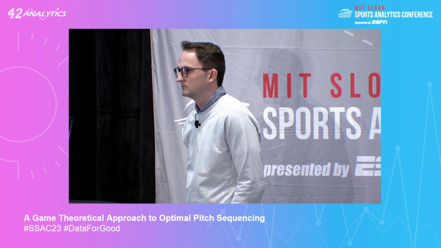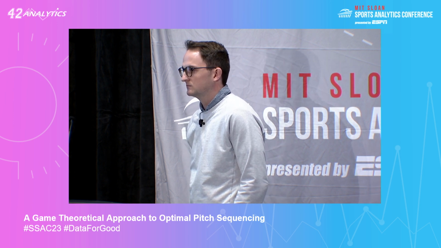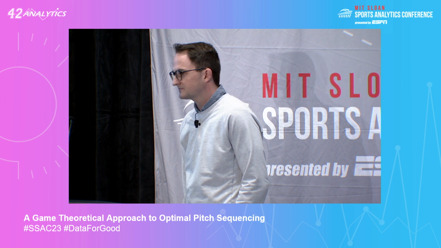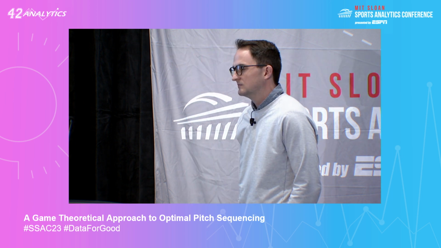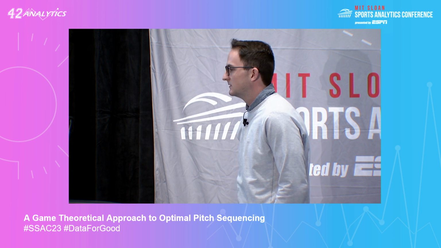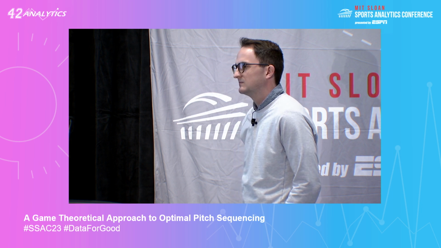A huge variable in the success of the batter is his ability to adjust to the randomization after the fact, whereas for the pitcher, it would appear to be more his skill before the fact. Is that accurate? And not quite getting to what I was trying to ask.